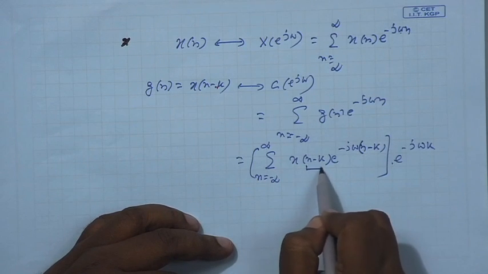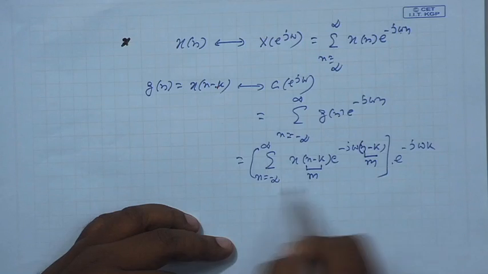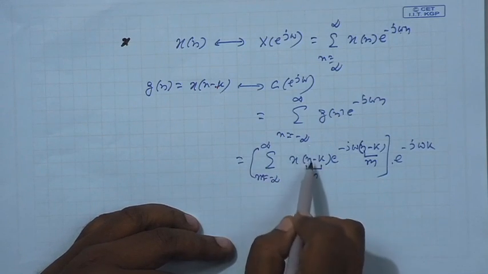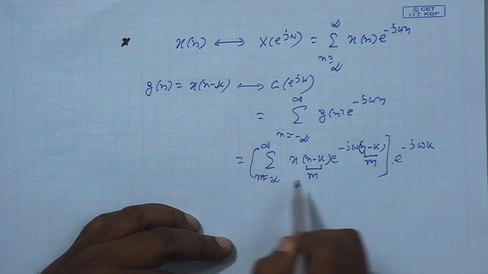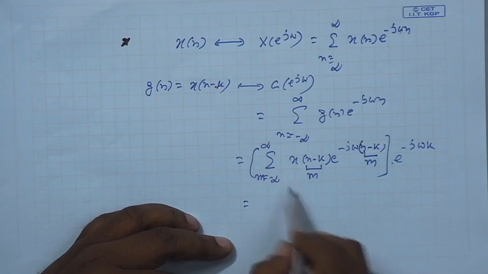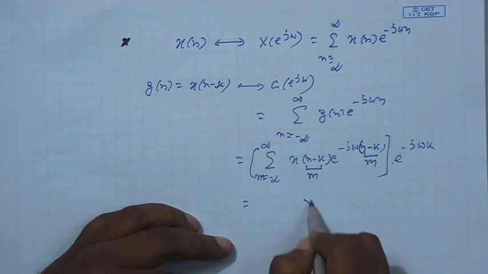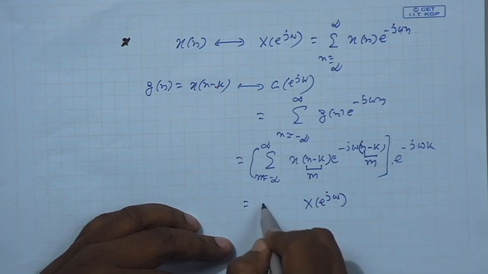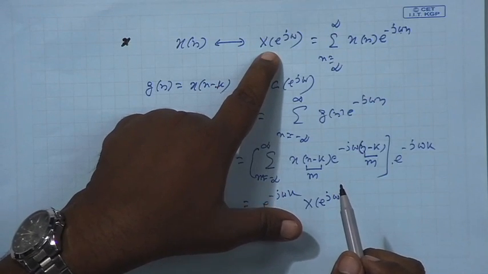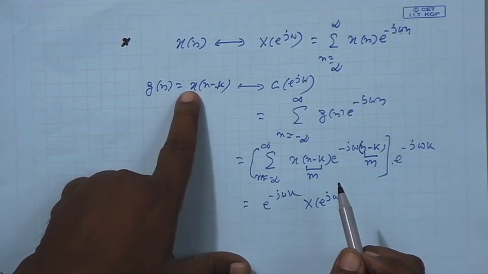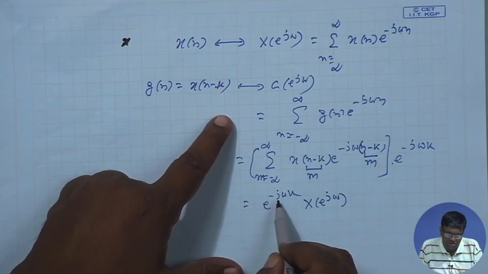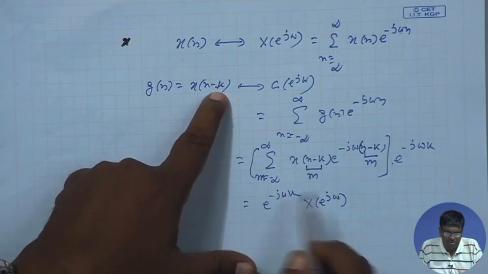And what is this part? n minus k, if you call m, if n is minus infinity, m also goes to minus infinity. If n is plus infinity, m goes to plus infinity. So, summation x m e to the power minus j omega m, which is nothing but original DTFT. So, original DTFT multiplied by e to the power minus j omega k. So, that means if x n has DTFT capital X e to the power j omega, if I shift it by k, x n minus k, its DTFT will be original DTFT multiplied by e to the power minus j omega k. K is the amount of shift.